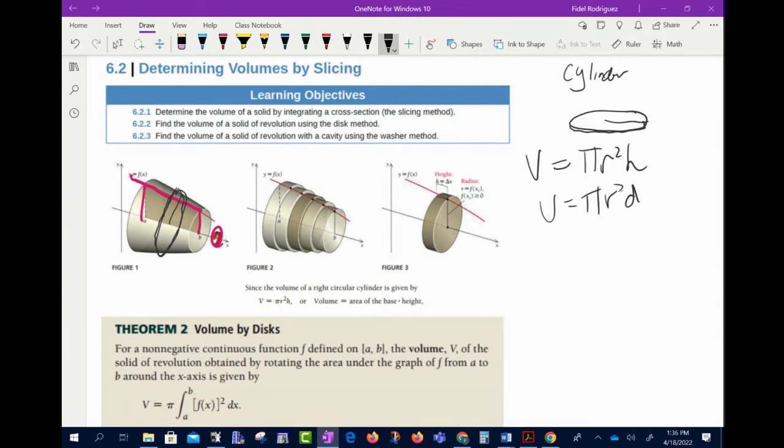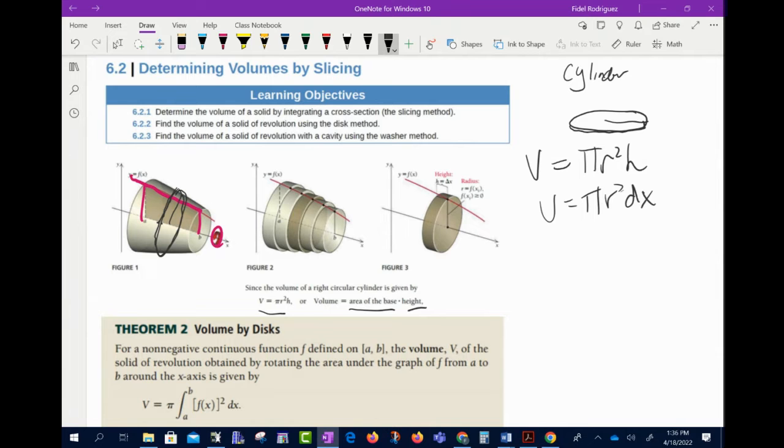So it's going to be pi r squared dx, because my cylinders are going to be super, super thin. The amount that it changed was from that x value to that x value, and it's infinitesimally small, right? Super, super tiny. Okay. So if you notice right here, the volume of a cylinder is pi r squared h, or the area of the base times the height.